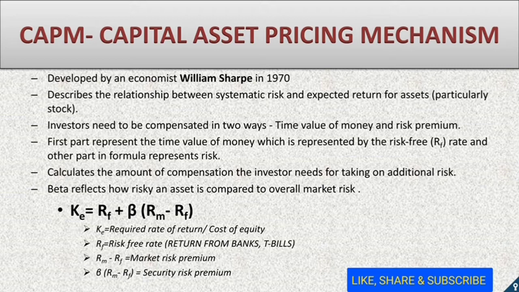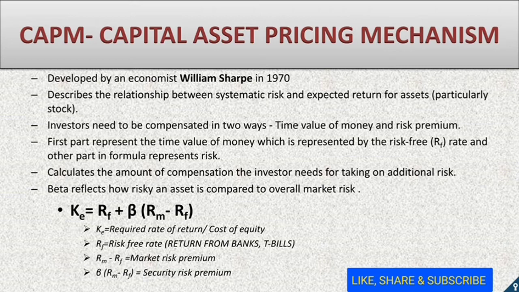So, this formula is basically divided into two parts. The first part represents the time value of money, which is represented by RF, that is called risk free rate. When you are investing in FD, you will get the return of 4%. And what is the risk? Risk will be 0.